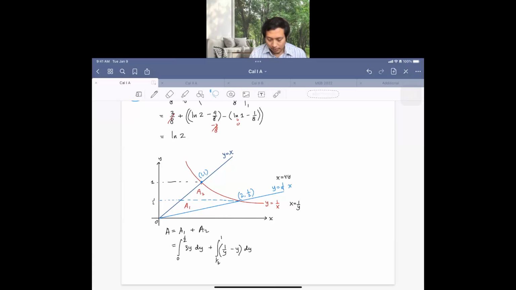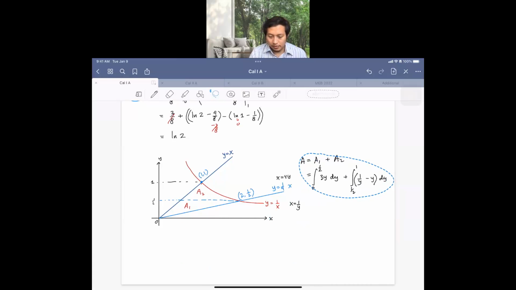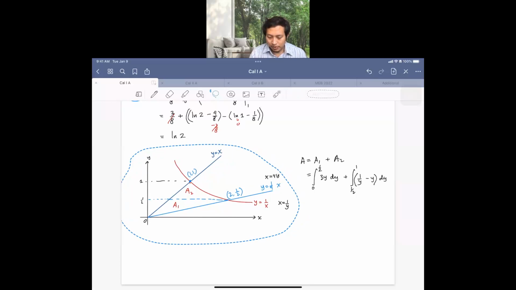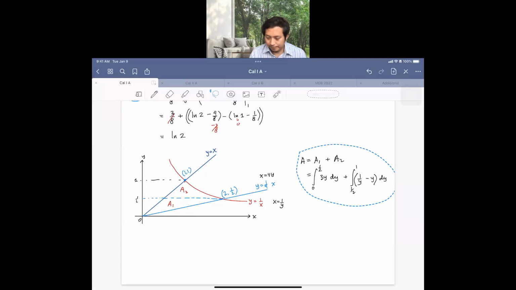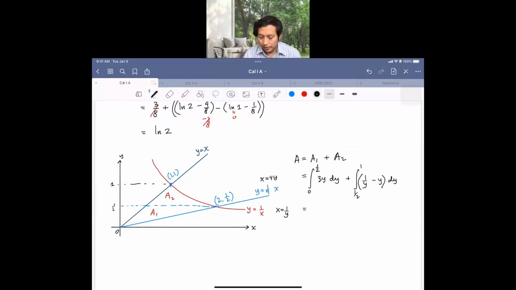Maybe I will put the calculation on the side, maybe here, and move this a little bit left. Now for 3y, we will have 3 over 2 y squared from 0 to 1 over 2, and then plus ln y minus y squared over 2 from half to 1.